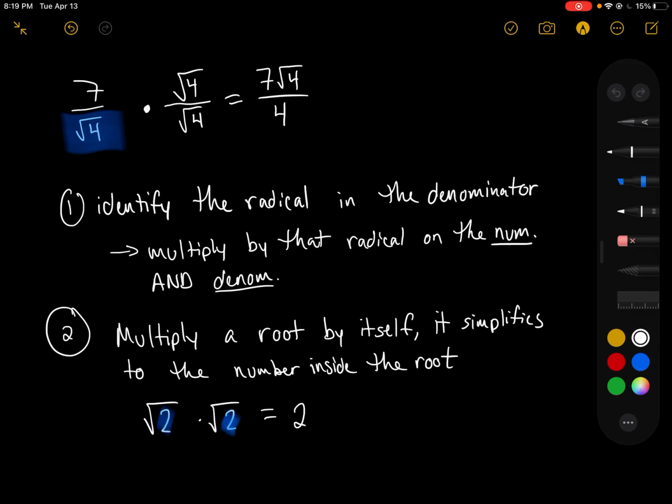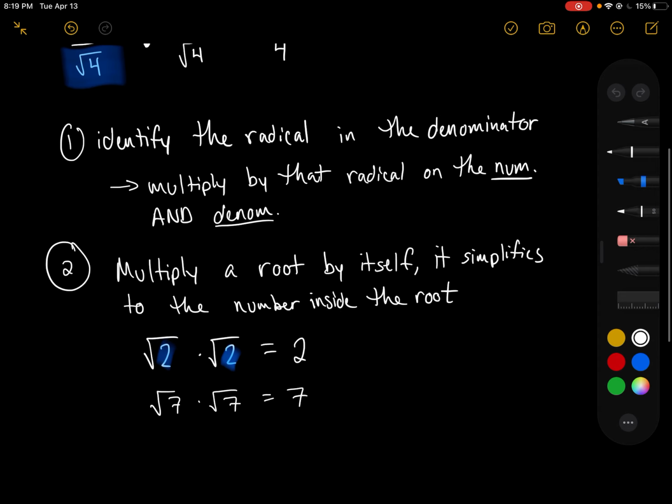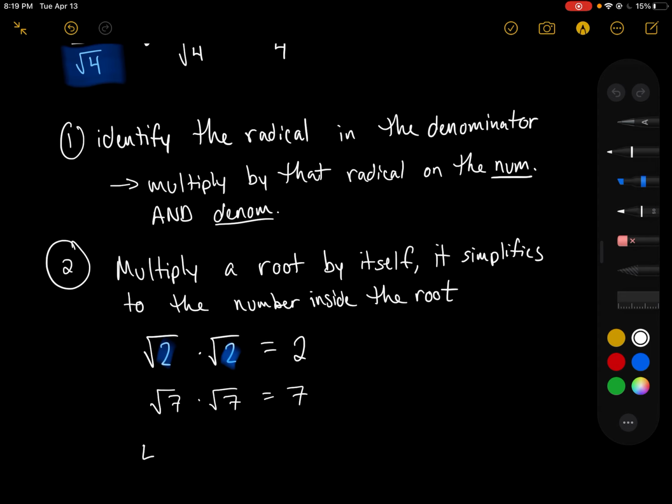If you have something like root 2 times root 2, it simplifies to just the number inside. This is true for all roots. So if you have root 7 times root 7, it still just equals 7. By definition, we are squaring a square root, so the squares basically cancel each other out, and you're just left with a number.